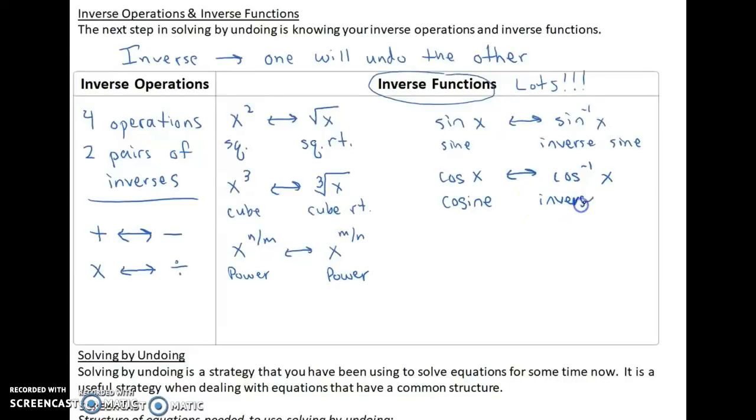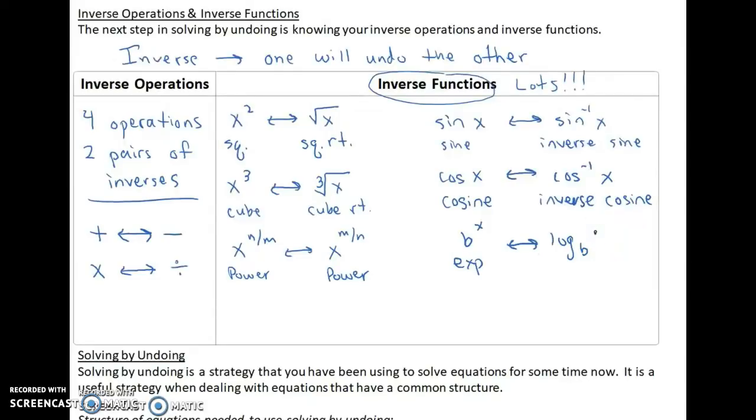Use one to undo the other. Typically with sine and cosine, you're taking sine or cosine of an angle, so inverse sine and inverse cosine will undo that, take the ratio, and give you the angle. There's some other information we're going to talk about in terms of what are called principal angles from a graphing calculator related to trig functions. We'll come back to that at a later time.